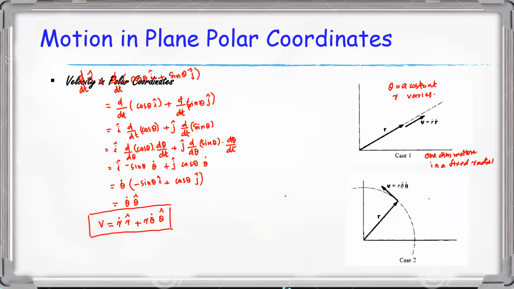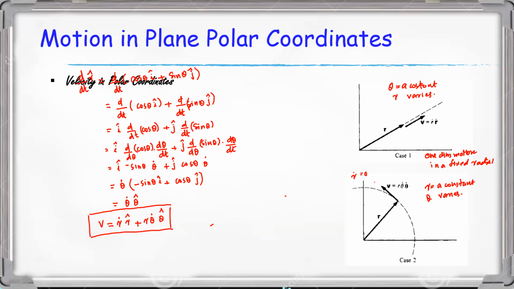So in the second case, look at here, r equal to a constant and theta varies. As r is constant, then r dot must be equal to 0.